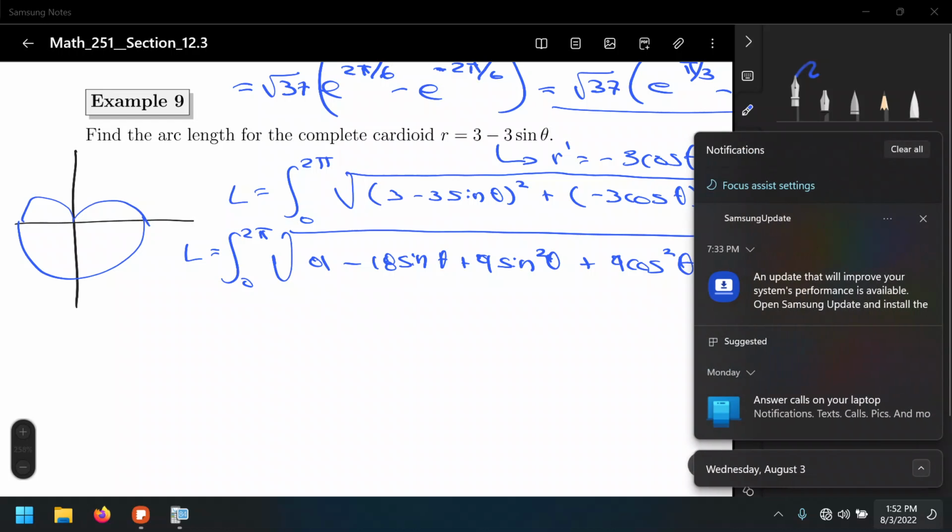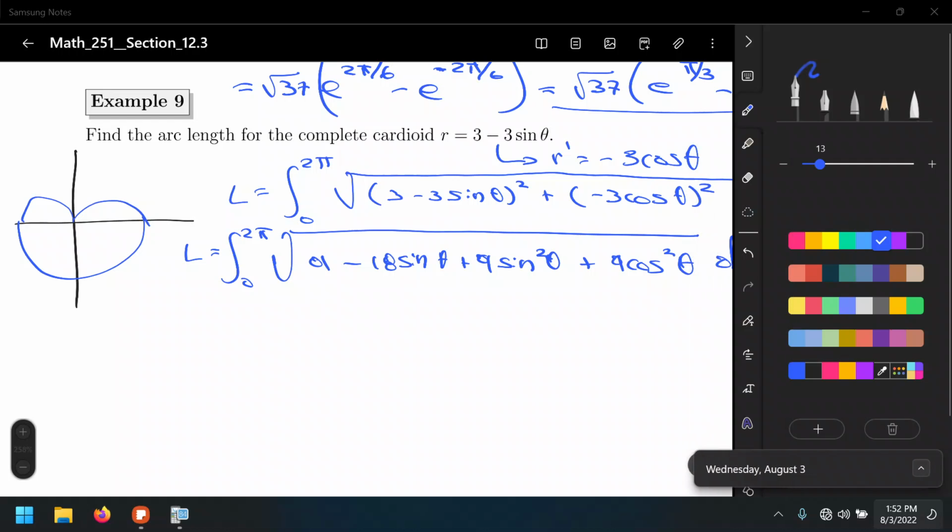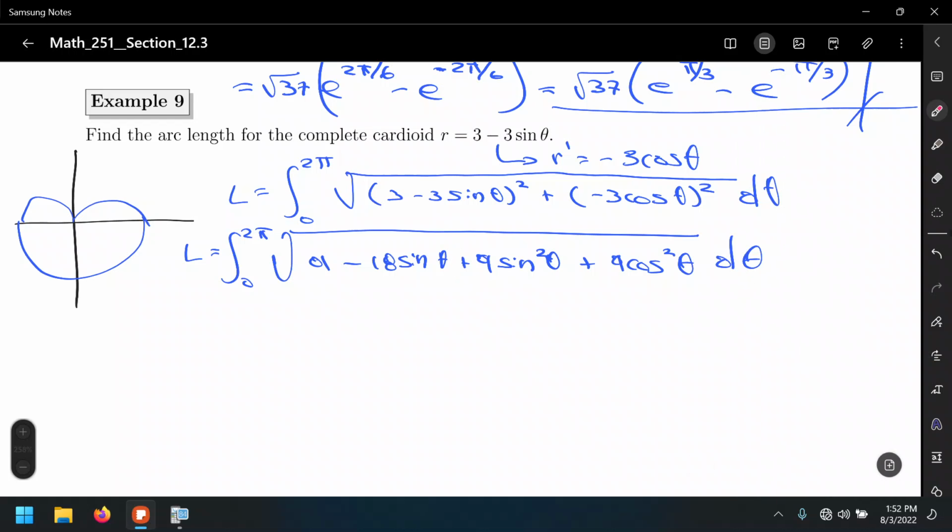You might want to observe the following. From here, we can factor out a 9: sine squared plus cosine squared. What is that equal to? This is an identity equal to 1, 9 times 1, which is 9. So this 9 combined with this 9 is going to give us an 18.